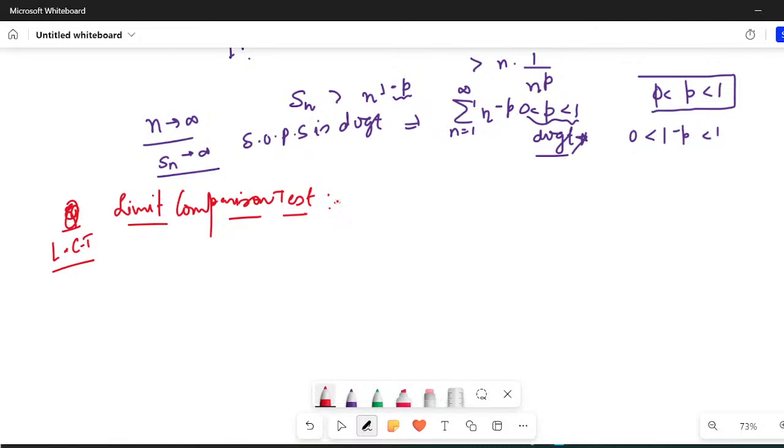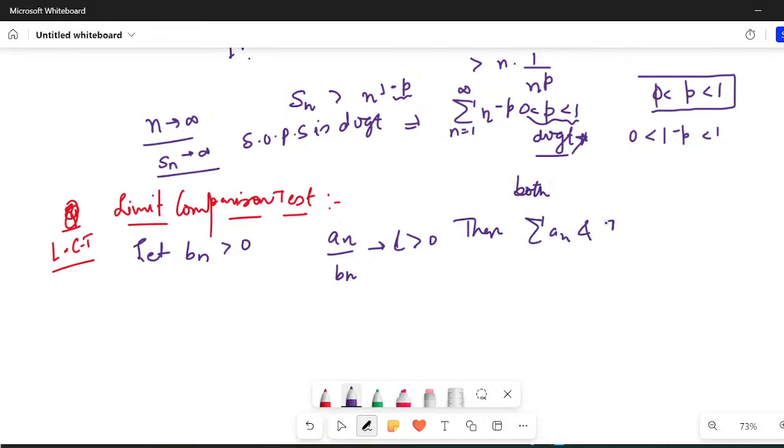So the limit comparison test, what does it say? It says that let Bn be greater than 0. And if An upon Bn converges to a limit L which is greater than 0, then both summation An and summation Bn converge or diverge together.